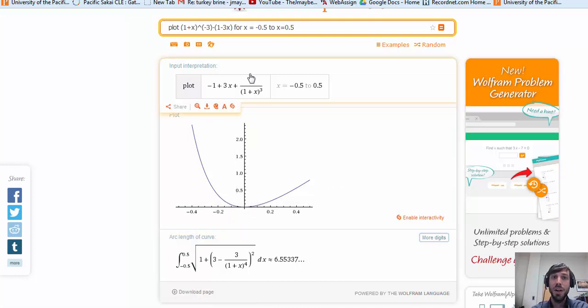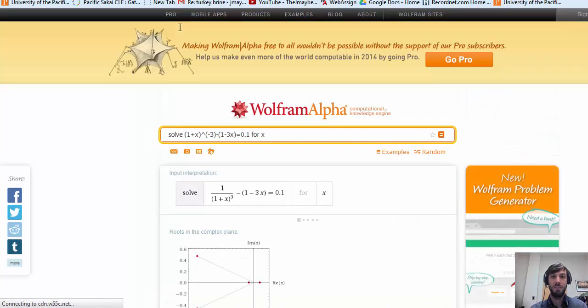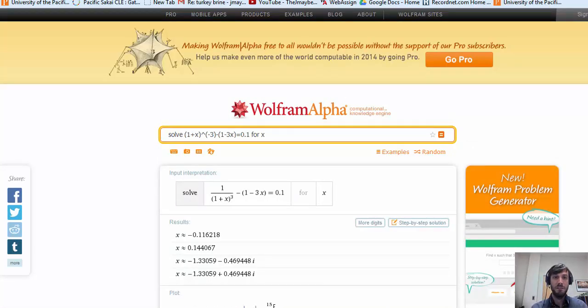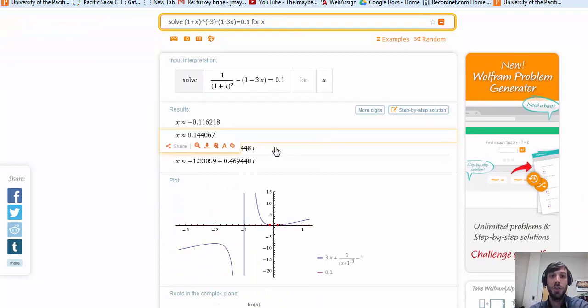Okay. To figure out the exact values, we can just solve for when this difference is equal to 0.1 for the variable x. In this case, we get some solutions which are imaginary that don't make sense.